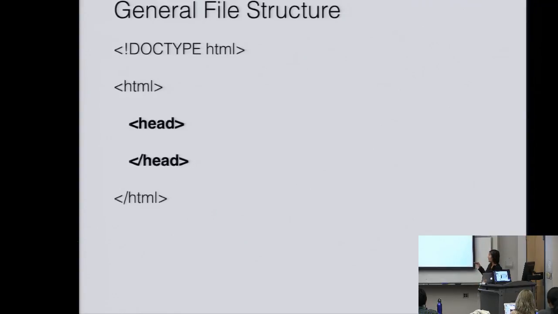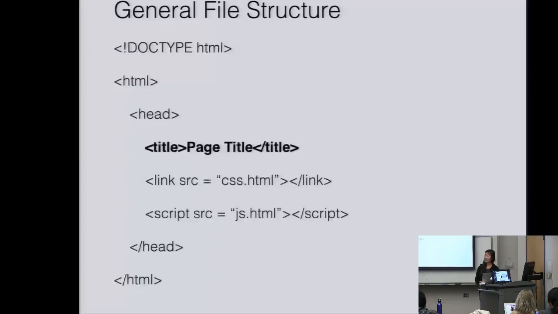The general file structure of HTML: there's always a doctype HTML, so that when you render the file, it knows what type of file it is. Then you have the html tag that wraps the entire file. Under that, you can have head. The head tag is where you link to other files, or have title attributes. For example, the title, the page title, would be the words that you see on the tab when you go through your tabs in Chrome or Safari.